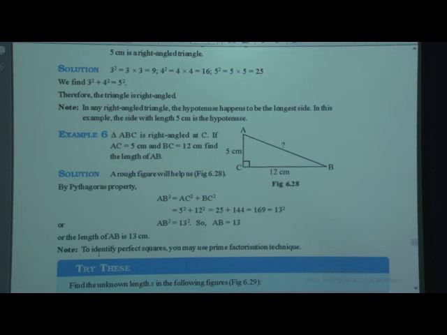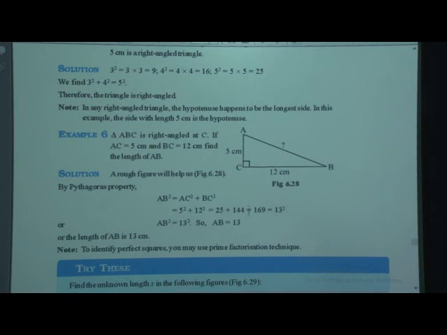So to identify the perfect squares, you may use the property of prime factors, and in the prime factorization method you can find the square and its square root.